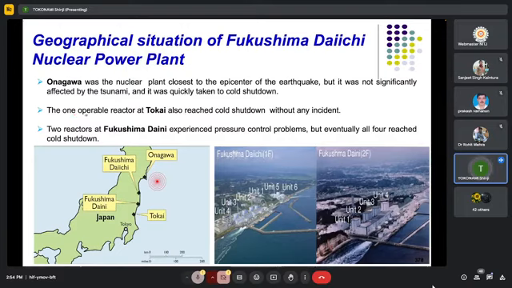The one operable reactor at Tokai also reached cold shutdown without any incident. 2 reactors at Fukushima Daini experienced pressure control problems, but eventually all 4 reactors reached cold shutdown. Only the Fukushima Daiichi nuclear plant was affected.